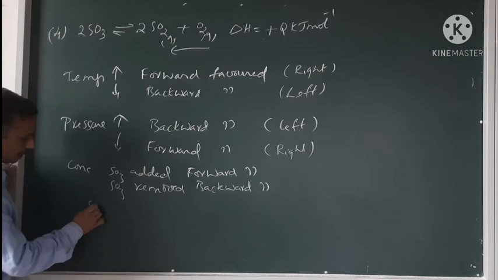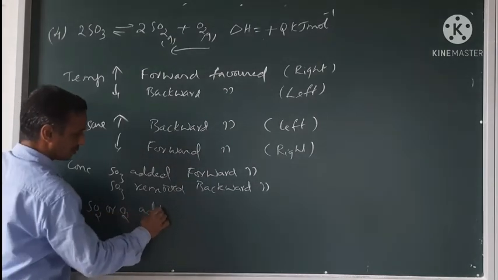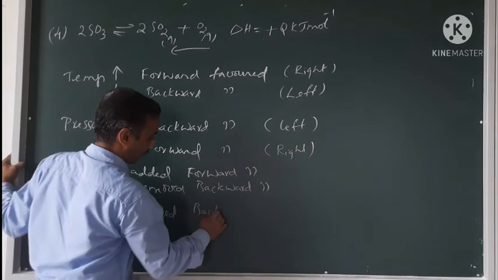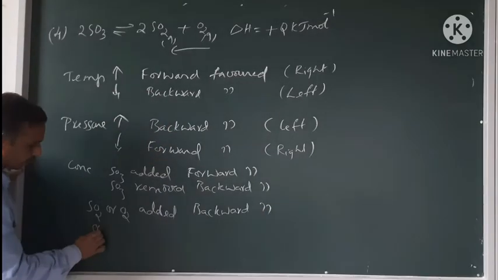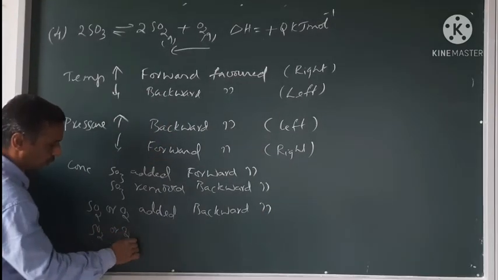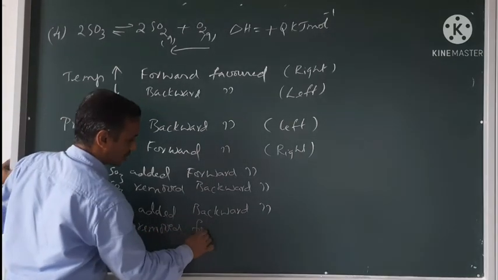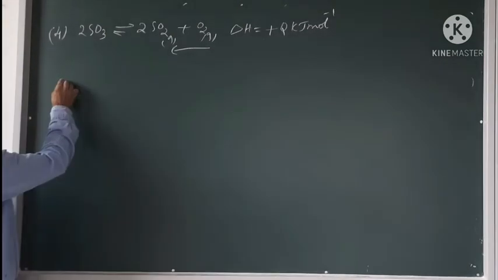Then SO2 or O2 added, because product is added, backward favored. SO2 or O2 removed, forward is favored. Note this down properly.